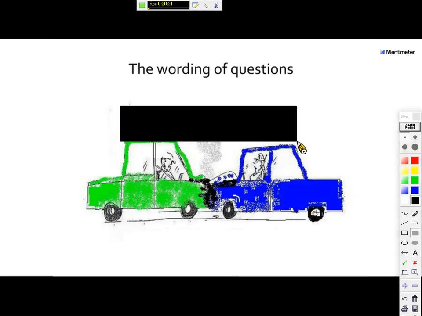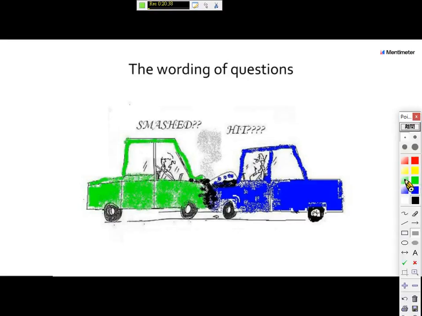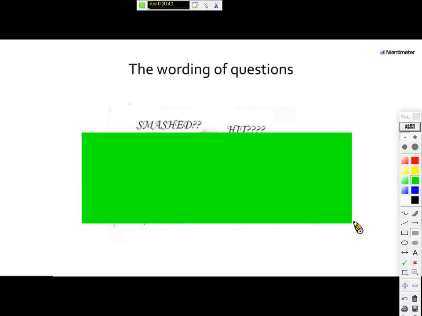Well, you have a lot of ways to describe the car crash here, right? In Chinese, in English, in Japanese, there are many ways. Okay, and look here. Without looking at the picture here, you see smashed and hit.